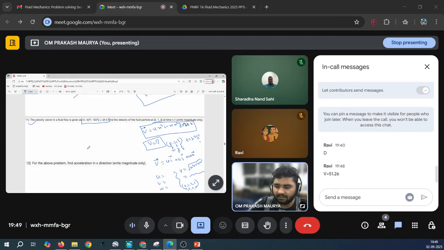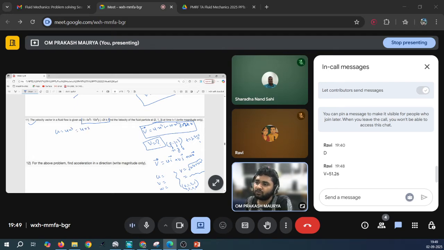51.26. I think I have already solved it, so let me just match. Yes, you are correct. Let me write here. Your U is 4x cubed.